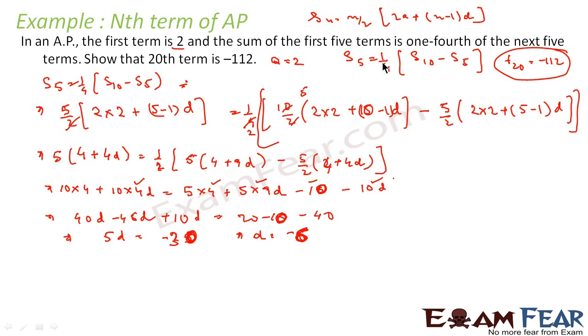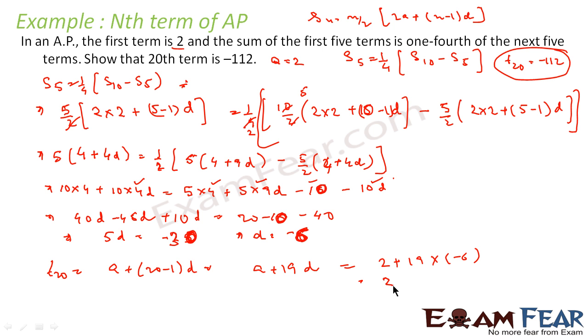What we have done? We have taken this equation S5 is equal to 1 by 4 into S10 minus S5. Solved this to get d is equal to minus 6. Now when we want to find t of 20, this is nothing but a plus 20 minus 1 d. That is a plus 19 d. Now we know that a is equal to 2 plus 19, d is equal to minus 6.